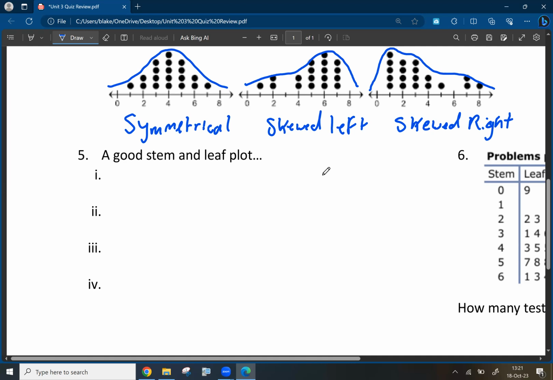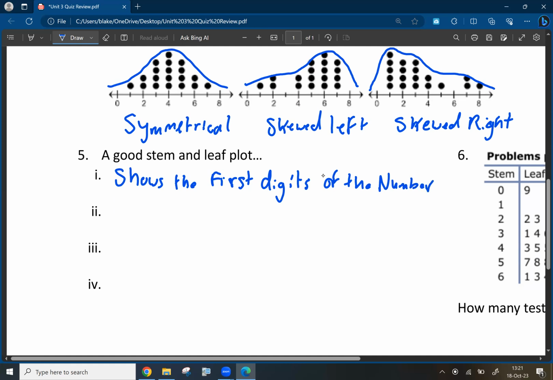A good stem and leaf plot shows the first digits of the number as the stem, and shows the last digit as the leaves.